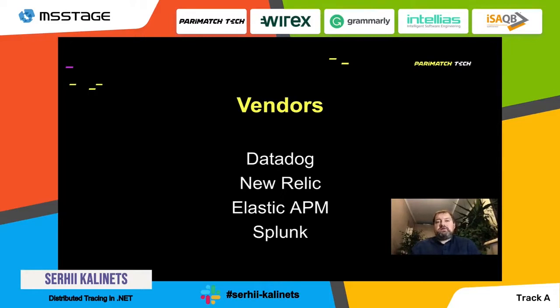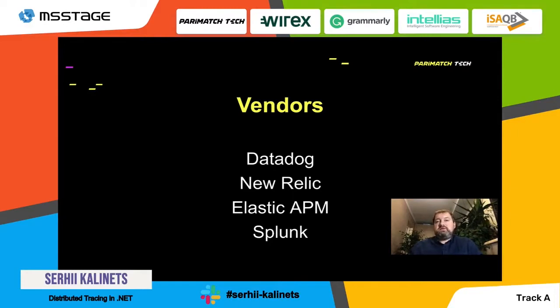However, for solutions provided by Datadog, New Relic, Elastic APM, Splunk, sometimes you have an option to host them in your data center and use them internally without the need to export your data outside of your organization. Or you can run your services in different places, on premises, on any cloud, and have a single dashboard provided by the vendors.